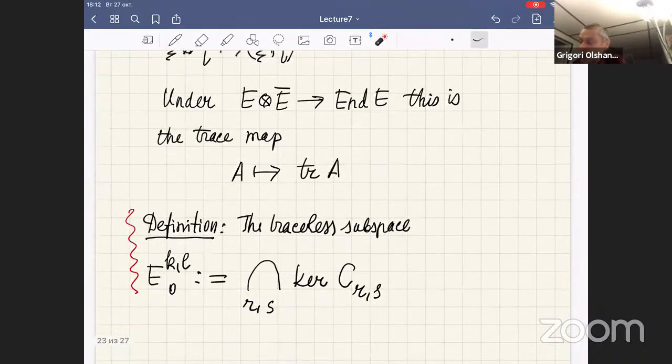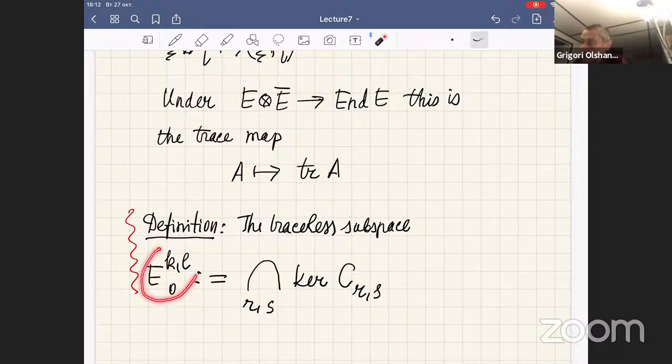So the definition I want to explain now is the definition of the traceless subspace, traceless tensors. Traceless is just related to this interpretation. So the definition is as follows.